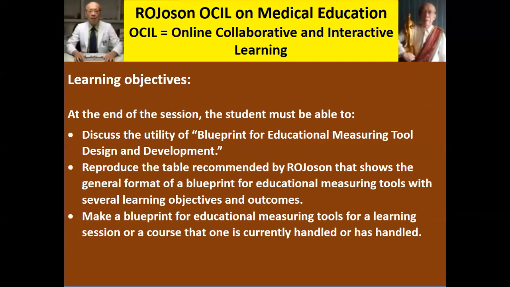Reproduce the table recommended by R.O. Hawson that shows the general format of a blueprint for educational measuring tools with several learning objectives and outcomes. Make a blueprint for educational measuring tools for a learning session or a course that one is currently handling or has handled.